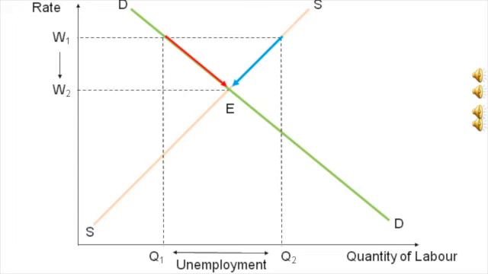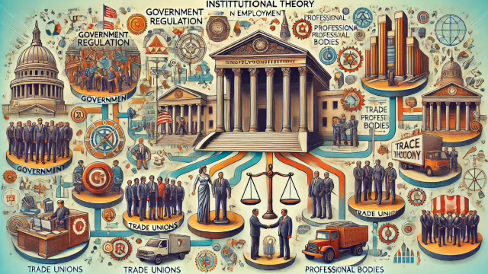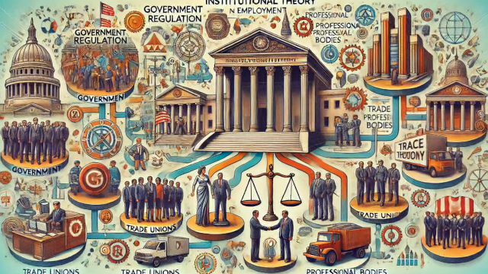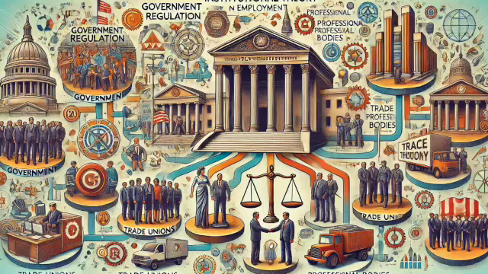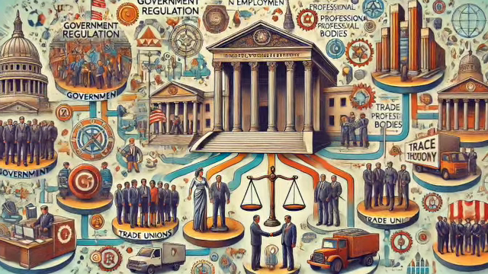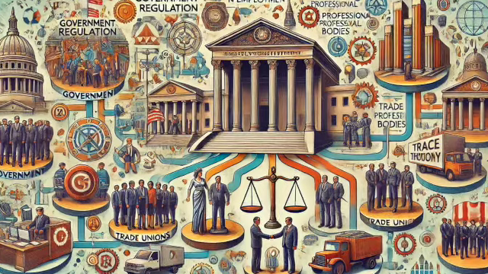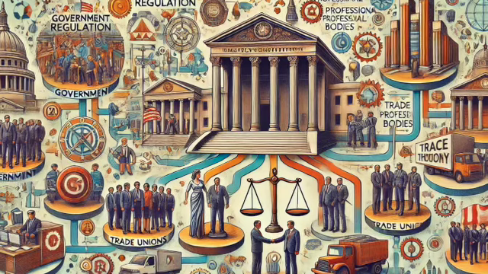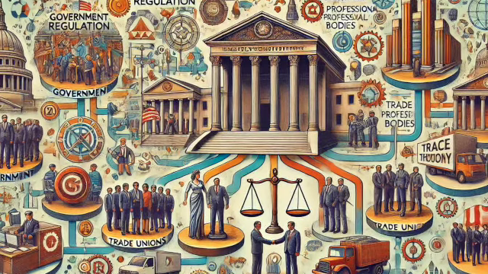power dynamics at play. Institutional labour market theory recognises that institutional factors such as government regulations and trade unions can influence pay levels. The NHS operates within a highly regulated environment with national pay scales and collective bargaining agreements. This theory offers a more realistic framework for understanding pay determination in the NHS. Why?